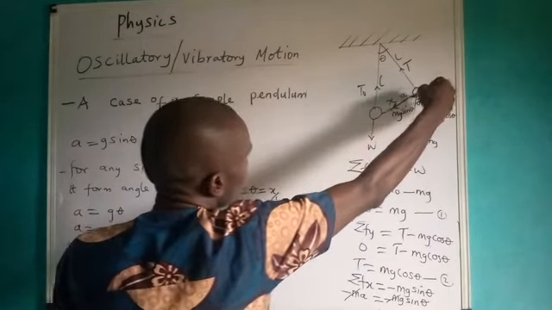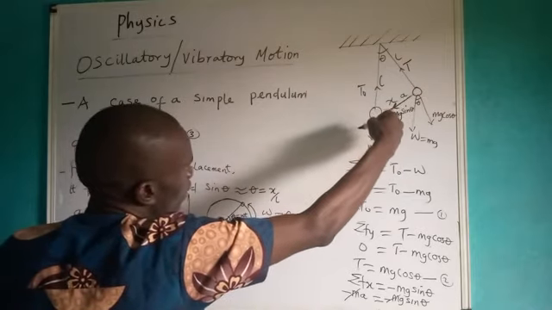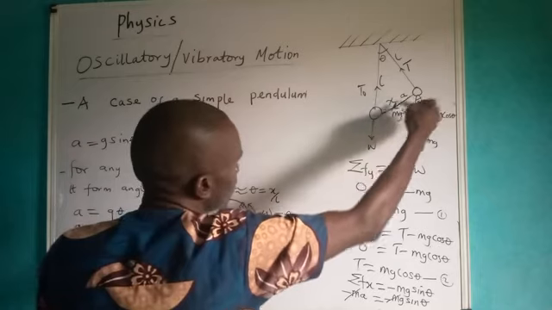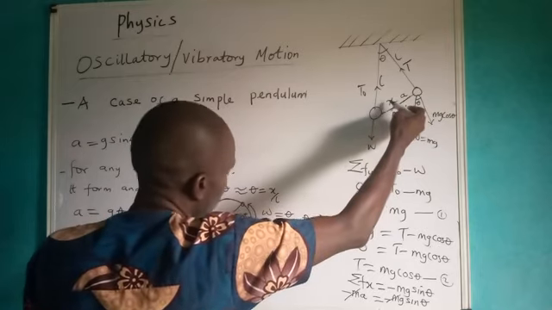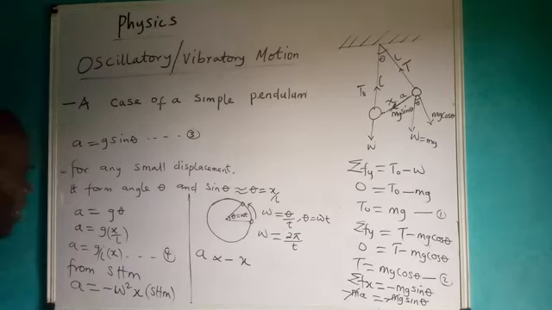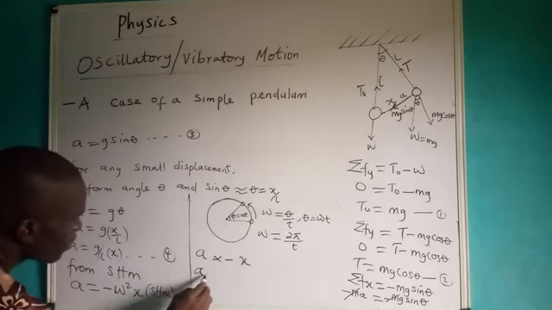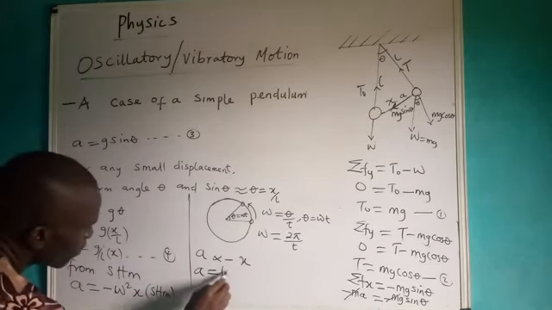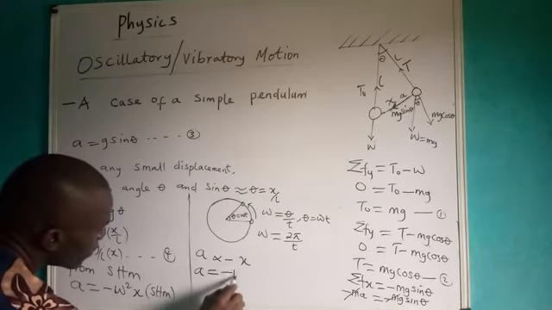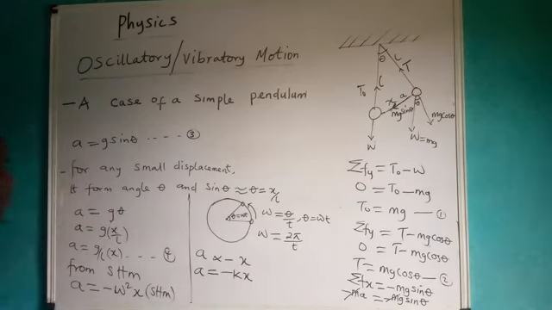The acceleration will be directed towards the left, the distance there is x, and therefore the direction will be negative. I will introduce a constant k, so a equals minus k times s, which is the displacement.